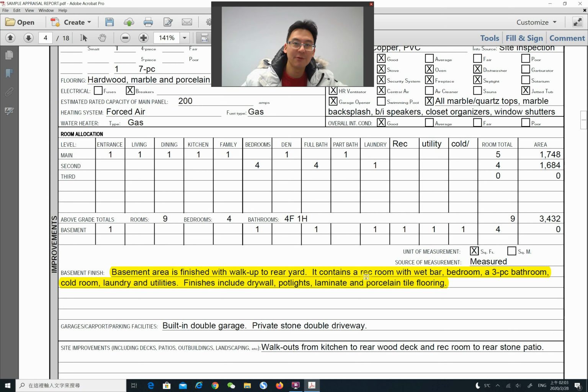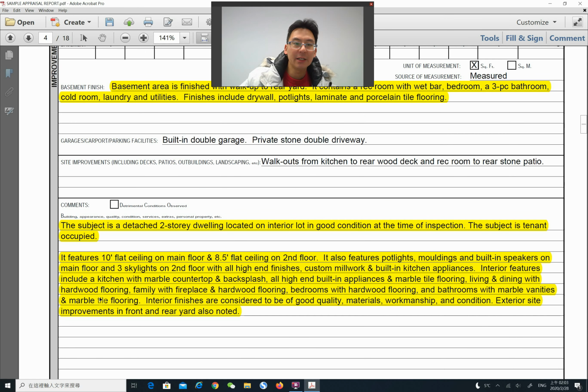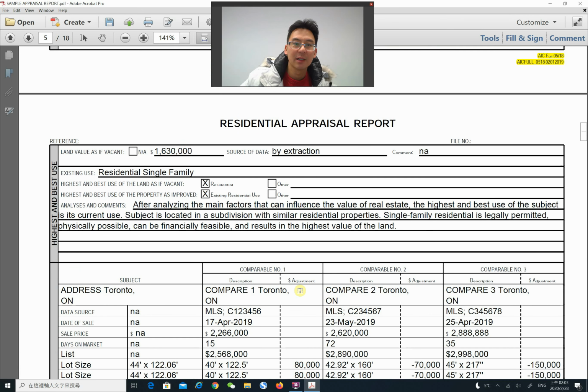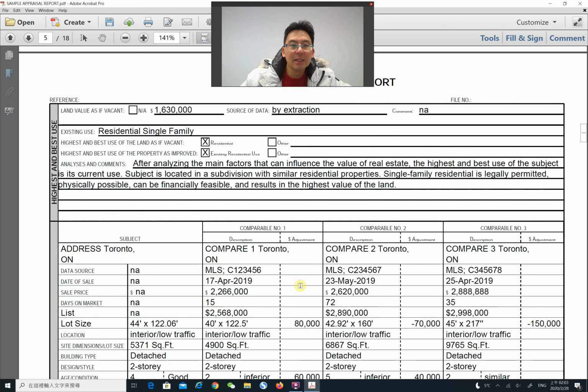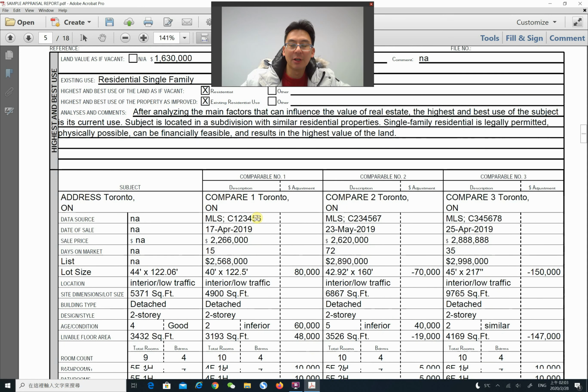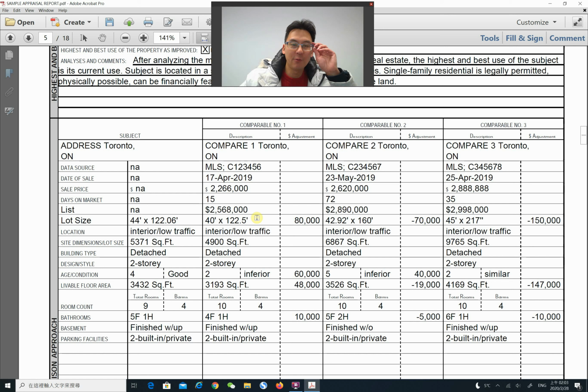Some lenders would ask for fire inspection, permit and all that. So just be aware. Again, always read the comment from the appraiser.